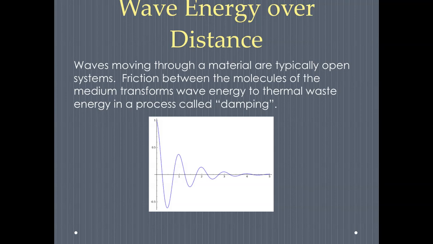Look here: friction between the molecules of that medium, things that you can't see. We can't see molecules with the naked eye. But here's what happens. That friction between the molecules of that medium transforms wave energy to thermal waste energy. This is something called damping. So that's where the energy actually went.